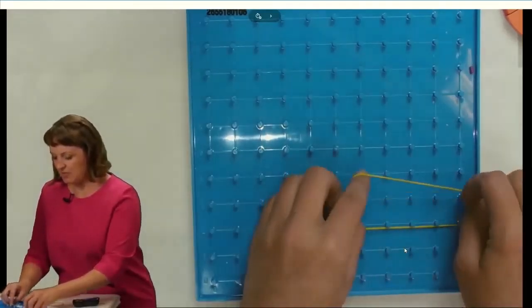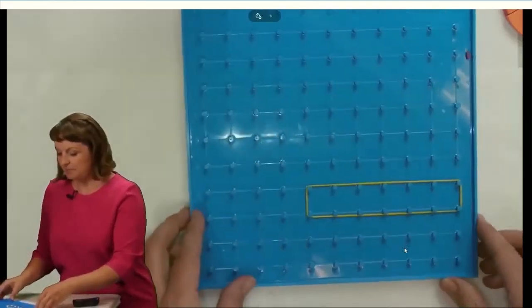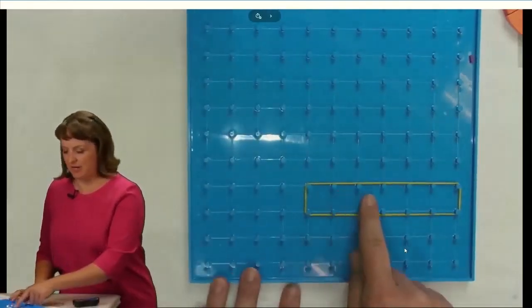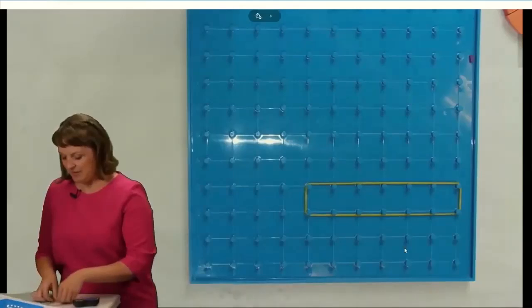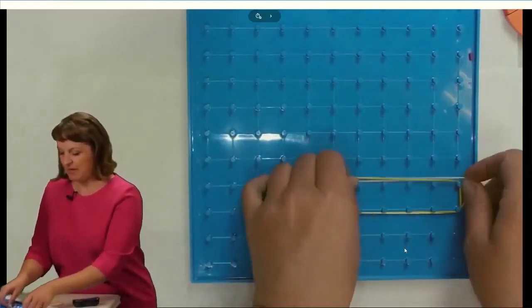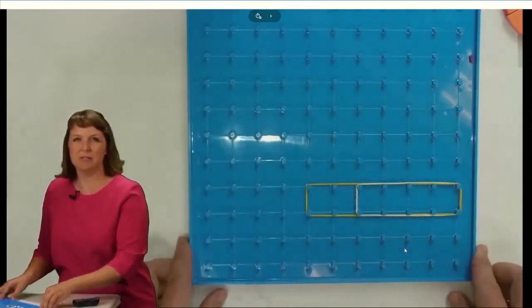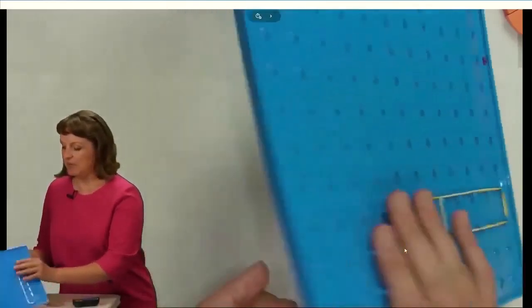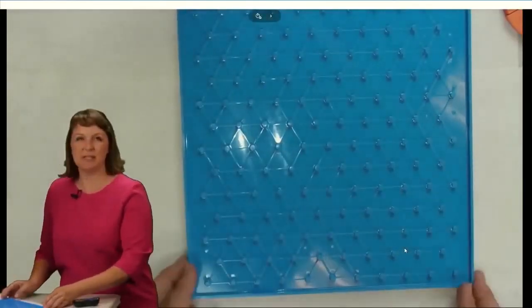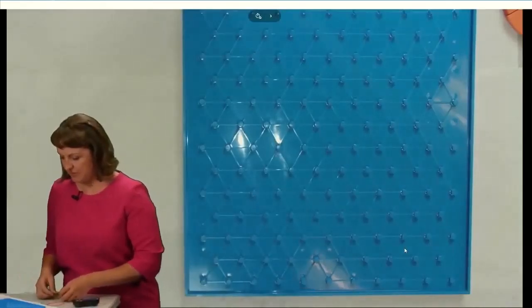So here I'm going to show an area, and I can break this into 1, 2, 3 equal parts. Then I'm going to take a white rubber band and ring around 2 of those 3 parts. I can do it on this side, which is broken into squares. I can also do it on this side, which is broken into different triangles.